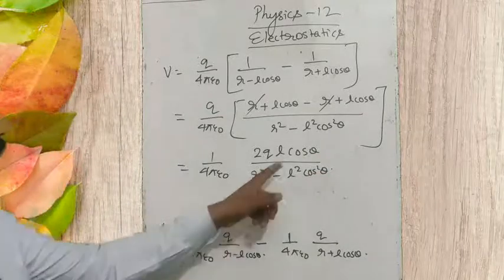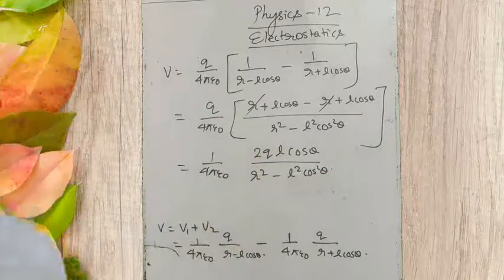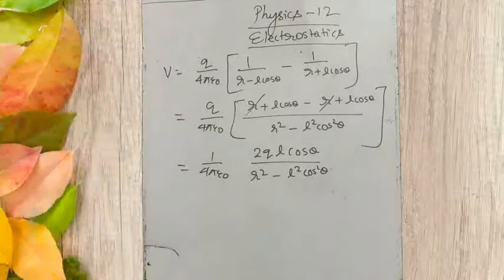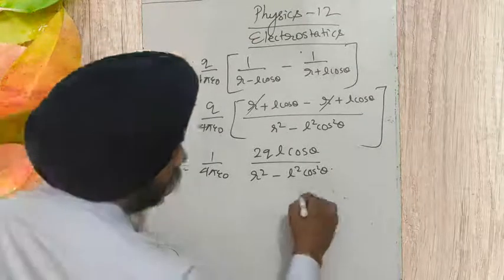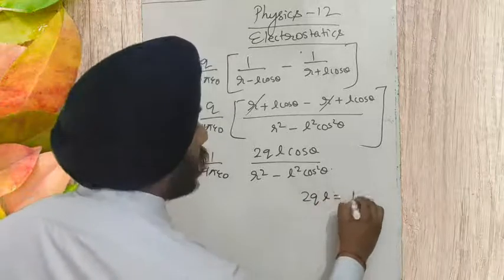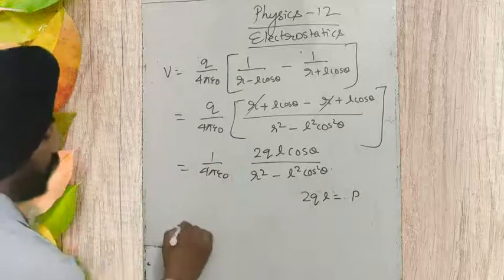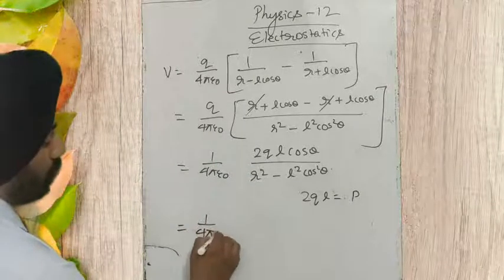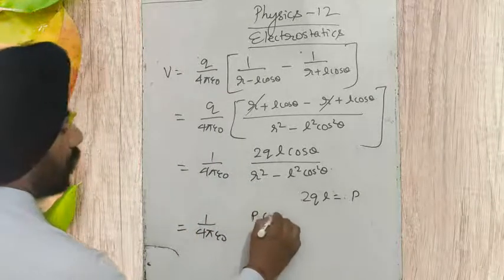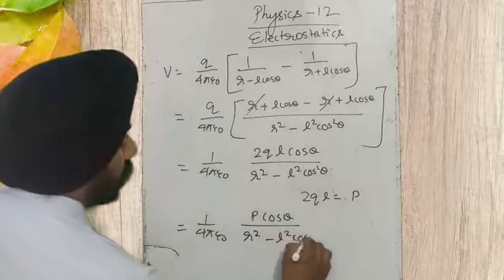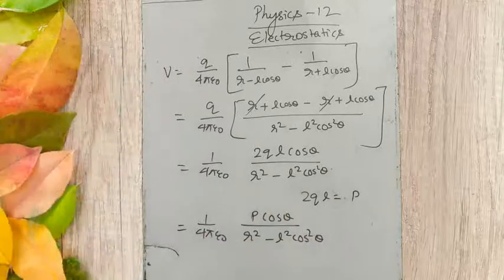This quantity 2QL is the electric dipole moment, P. So in place of 2QL we can write P, and we get P cos theta upon R square minus L square cos square theta.